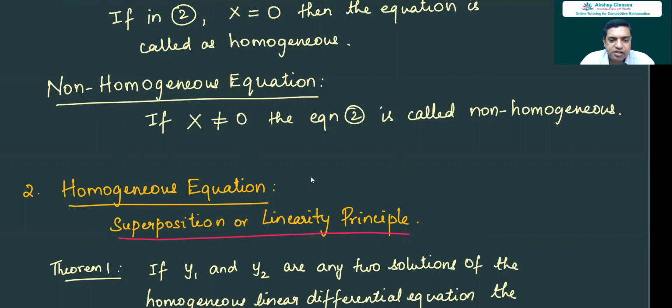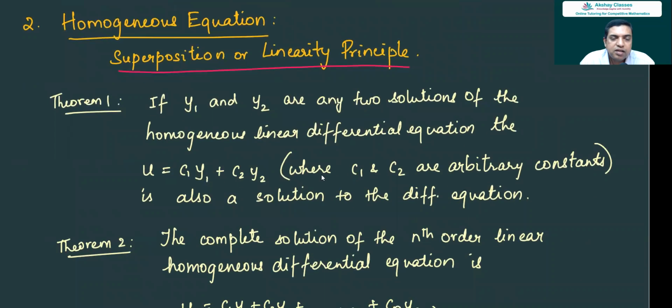So for a homogeneous equation, the solution is like this. If y1 and y2 are two solutions and C1 and C2 are arbitrary constants, then C1y1 plus C2y2 will also be a solution of the differential equation, because of the sum rule of derivatives.